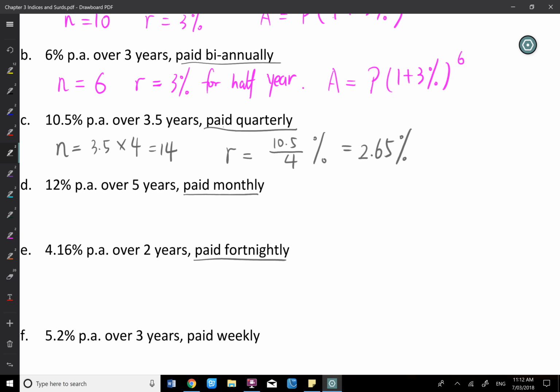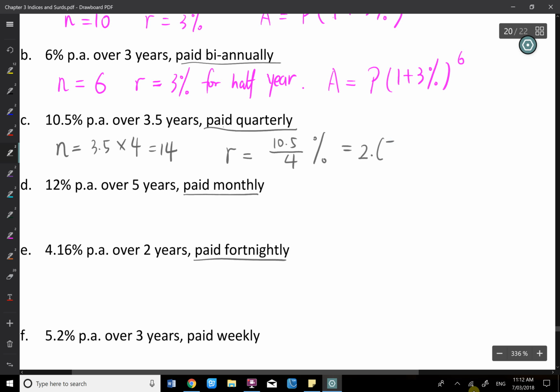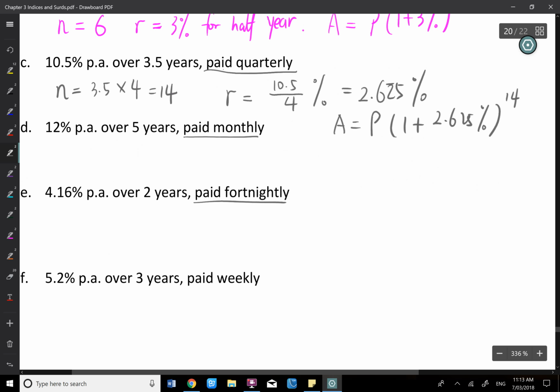Wait, no, 2.625. So the amount of money received is the principal times 1 plus 2.625%, then to the power of 14. Okay, to the power of 14 times.